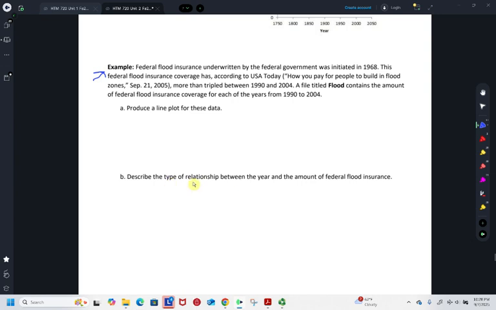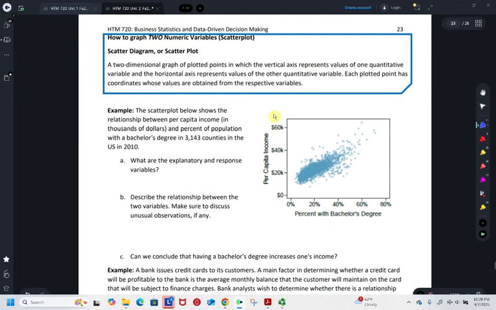And that helps us to answer this description, which is to look at the type of relationship that exists between year and the amount of federal flood insurance, which is almost linear and positive. It is trending upwards over time. And so that might give us some reason to consider how much we want to align ourselves with this claim by USA Today.